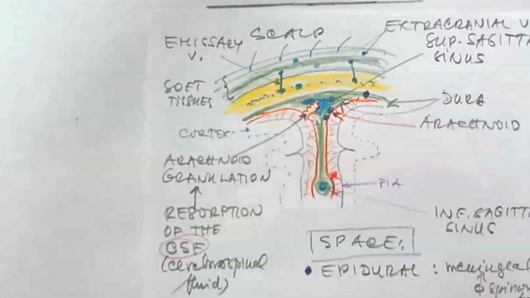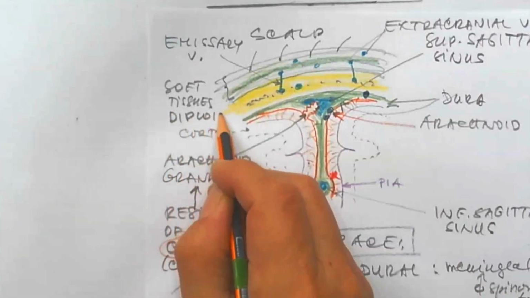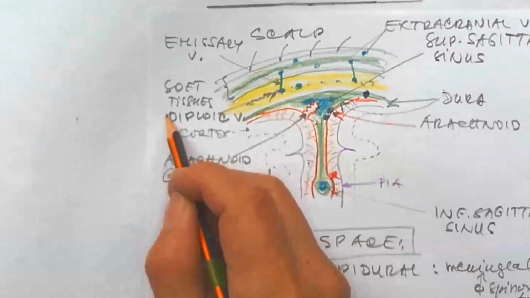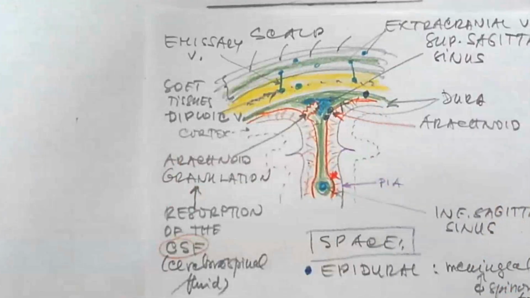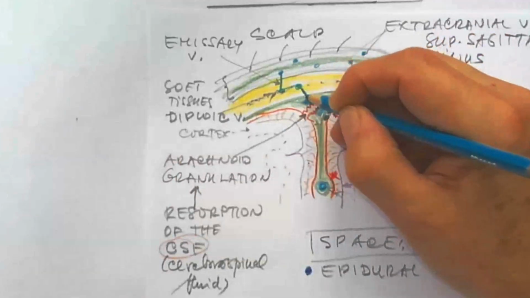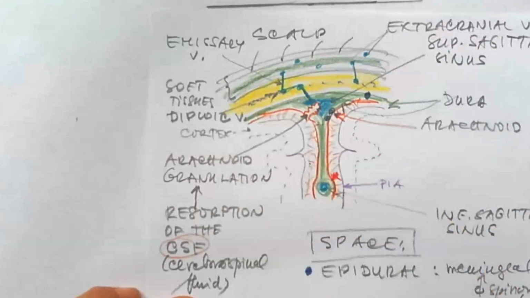Emissarium is the name for the opening, canal, perforation. These ones are diploic veins. And finally, the diploic veins have interconnections with the sinus, like the perforating bridging veins.